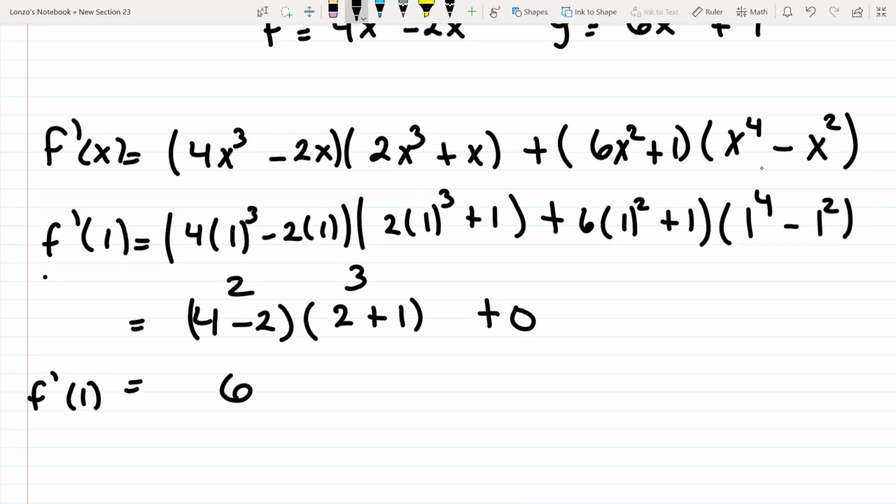So f prime of the x value of 1 gives you a slope of 6.